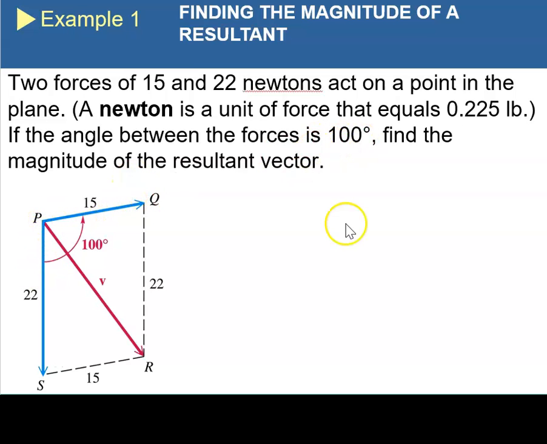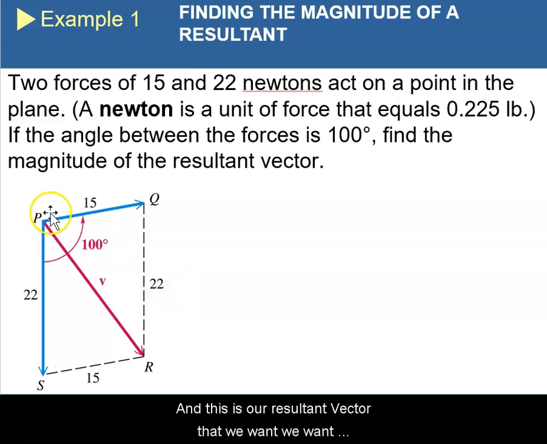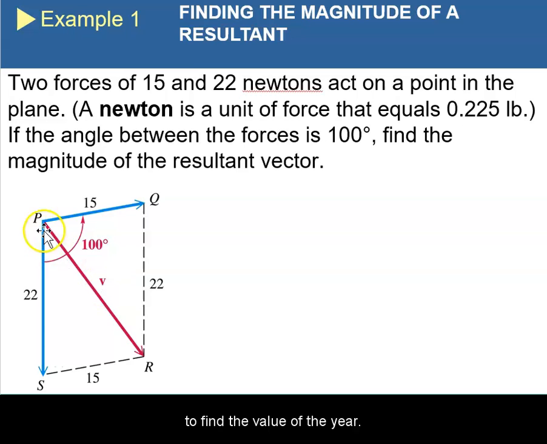Then we can draw out our parallelogram. Since it's a parallelogram, the opposite sides are the same length: 15, 15, 22, and 22. And this is our resultant vector that we want. We want to find the value of V here.